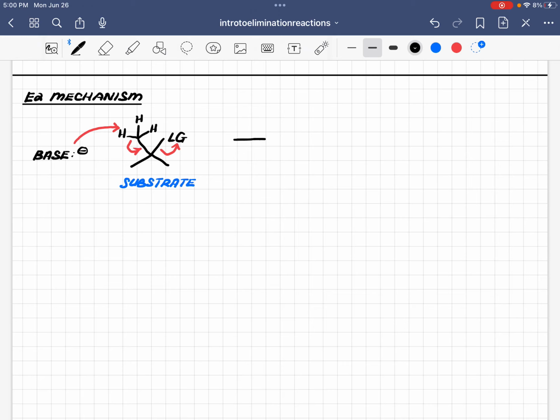So the product that is formed at the end of an E2 reaction is some alkene plus the leaving group species.